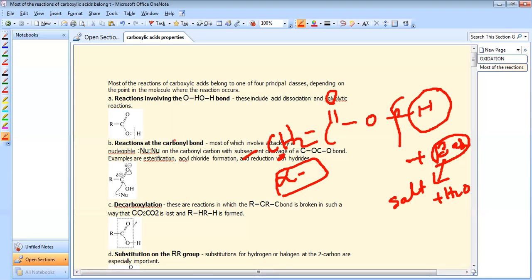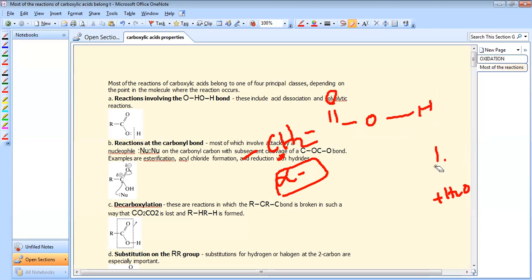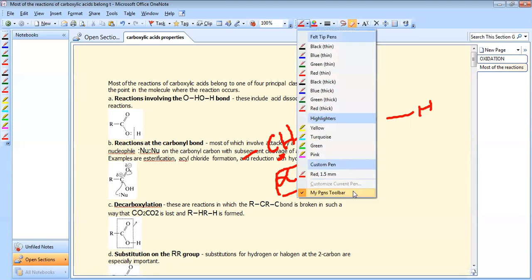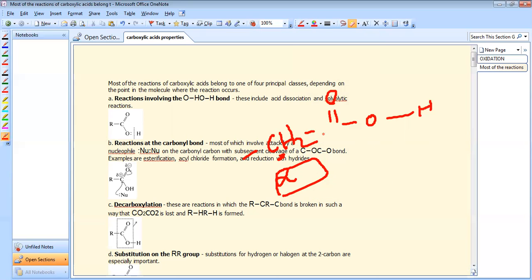The second reactions are nucleophilic substitution reactions. In nucleophilic substitution reactions, the outgoing species should be a nucleophile and the incoming species is also a nucleophile. So one nucleophile is replaced with another nucleophile. Such reactions are known as nucleophilic substitution reactions. This is the carbonyl carbon.